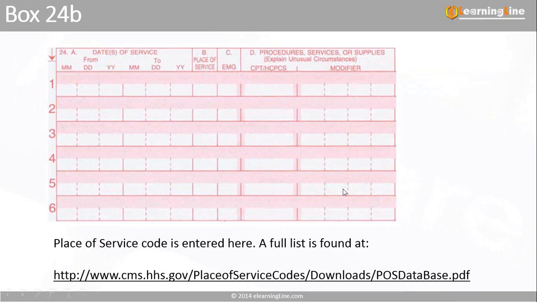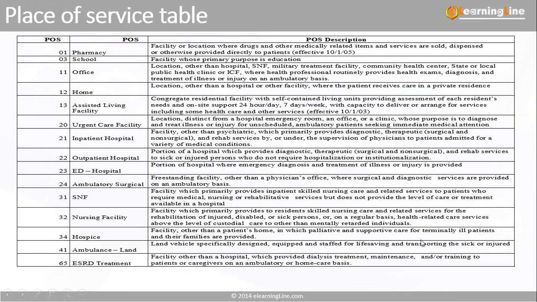If you want to find out more about the place of service, you can go over here and find it out. For example, if it is 01, that means pharmacy, 11 means office, 12 means home. So depending upon what code they are using, the corresponding description is here.